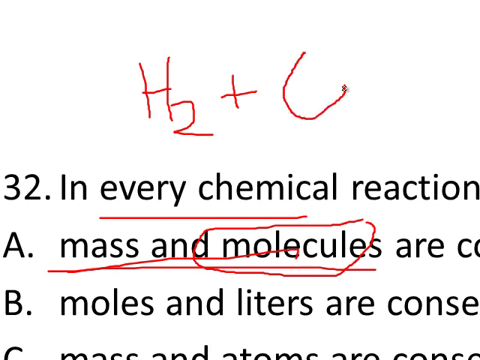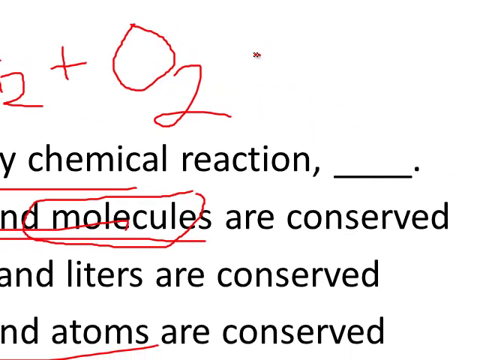The number of molecules on one side is not going to be the same as the number of molecules on the other side, just because there are different coefficients and we're sometimes combining two molecules to make a new one, which is called synthesis. So that's not going to be true. The molecules part is wrong, so that means A and D are wrong.